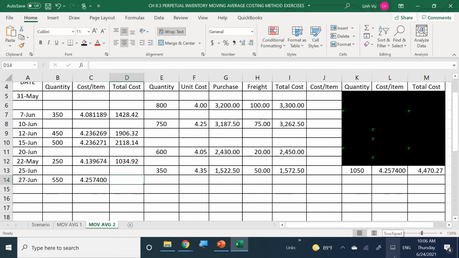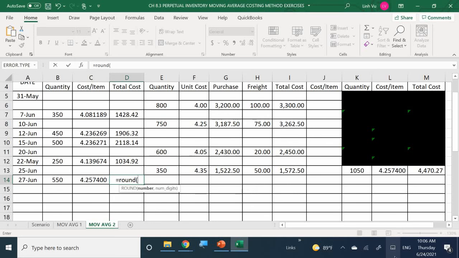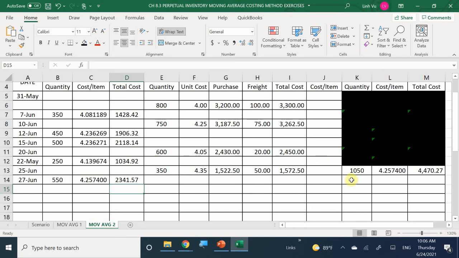Good. So therefore, what is going to be my total cost of goods sold? $2,341.57. Good. So last but not least, our last thing that we have to do is we need to take it out of our inventory and we need to recalculate our average cost per item.